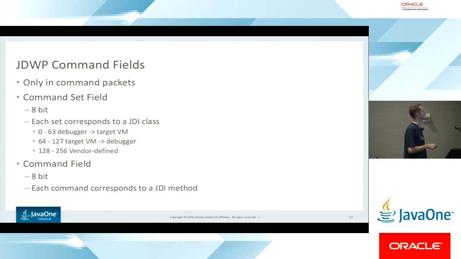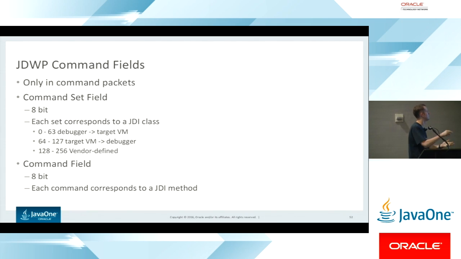So the first are the command sets, each set is a byte, so there's 256 possibilities. So there's 256 possible command sets, but the top part of that address space, so to speak, is set aside for possible vendor-defined extensions, none of which actually exist that I'm aware of, but that's there if someone wanted to add an extension.